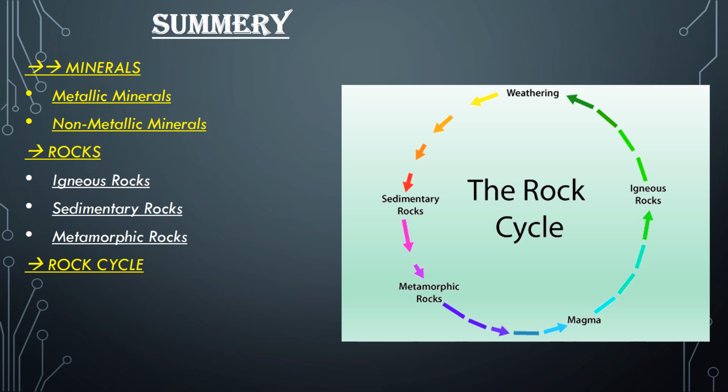Igneous rocks can be changed into metamorphic rocks. The fragments derived out of igneous and metamorphic rocks form into sedimentary rocks. Sedimentary rocks themselves can turn into fragments, and the fragments can be a source for formation of sedimentary rocks.